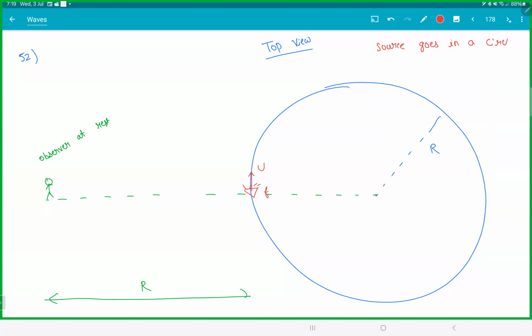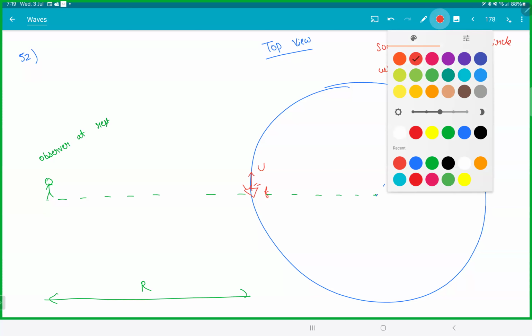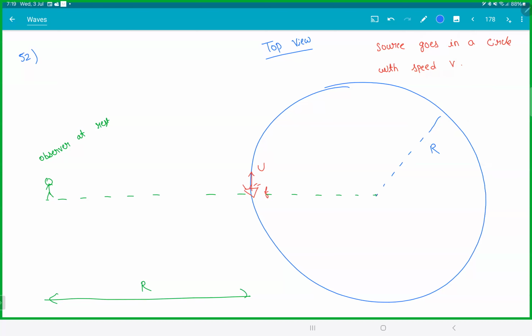Source goes in a circle with speed v. Now, find the time interval between the maximum and the minimum frequency.